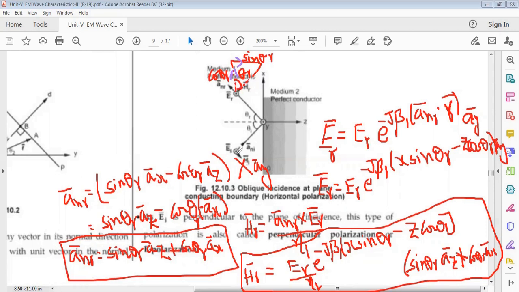Here also we draw a right angle triangle with the H bar. Consider the theta I here. Adjacent side is cos theta I and opposite side is sin theta I. By using these two right angle triangles, you can directly get the result without doing the cross product of ANR cross AY.